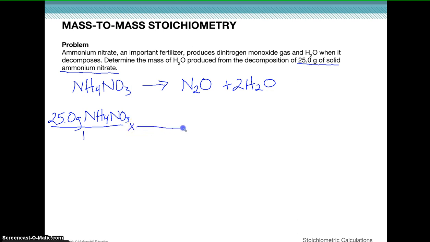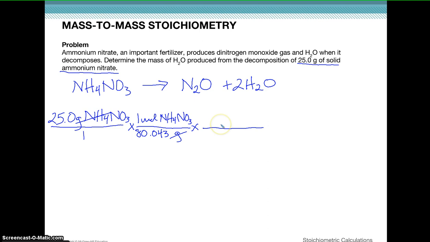So we're going to need the molar mass of ammonium nitrate from the periodic table. So 1 mole of NH4NO3, if we add them all up, would give us 80.043 grams per mole. Okay, so our grams cancel.